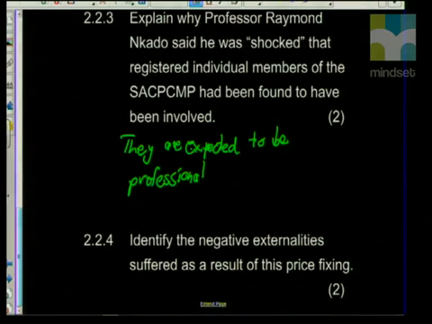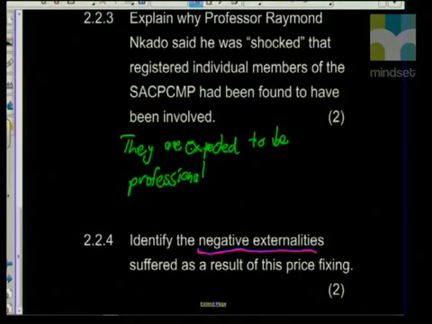2.2.4. Identify the negative externalities suffered as a result of this price fixing. I'm going to underline the term negative externalities. Negative externalities means, or let's start with the term externalities. That means anyone outside this transaction that is affected directly or indirectly by this transaction. In this case, negative externalities.